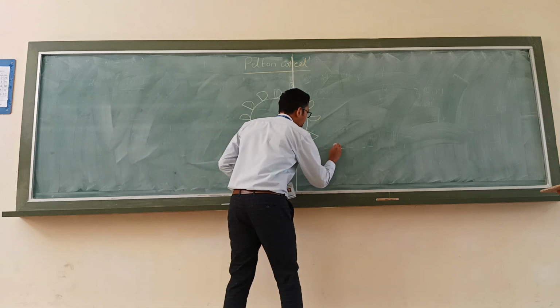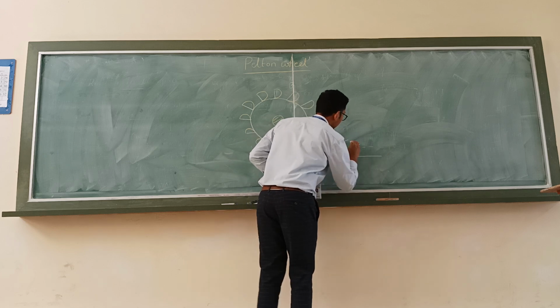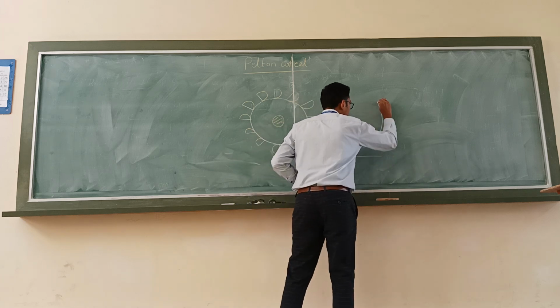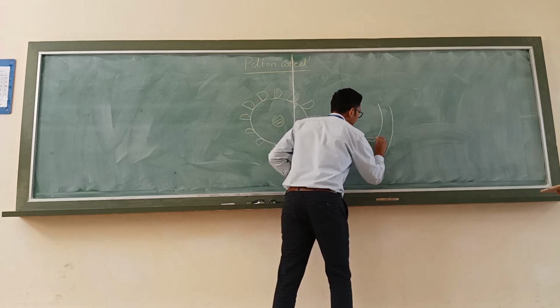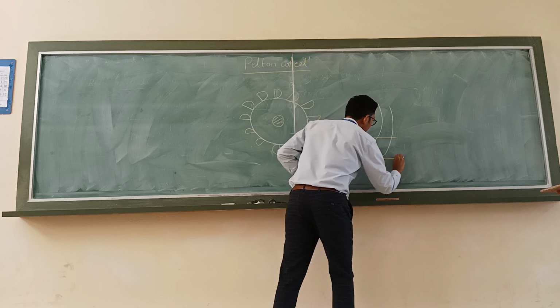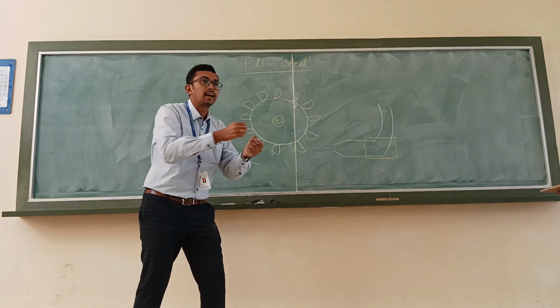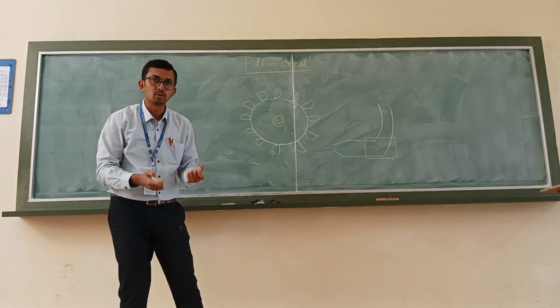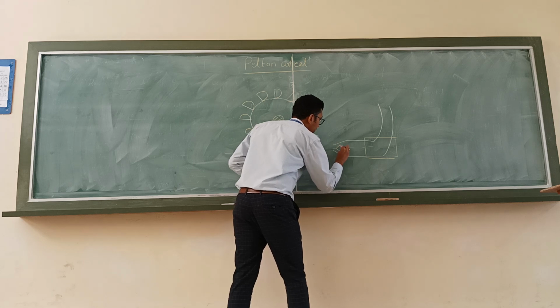Okay? So now I am going to write the nozzle. So this is a nozzle. See, I can control the velocity of the nozzle. How can I control it? With the help of a needle assembly.